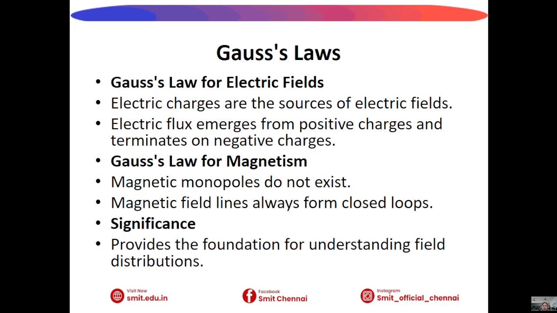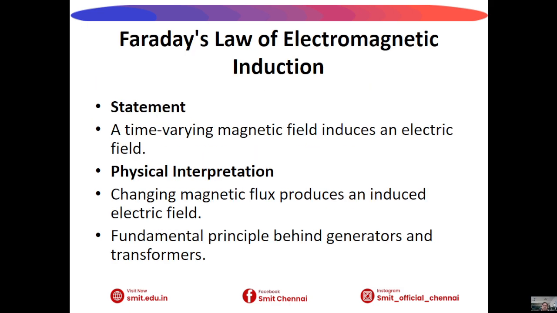Therefore, magnetic field lines always form closed loops. These laws help us understand the distribution of electric and magnetic fields in space and serve as the basis for electromagnetic field analysis.